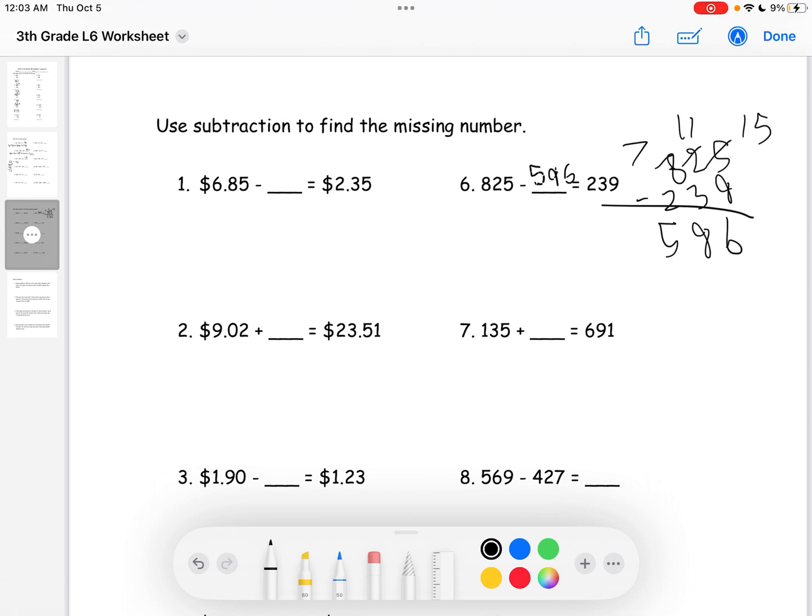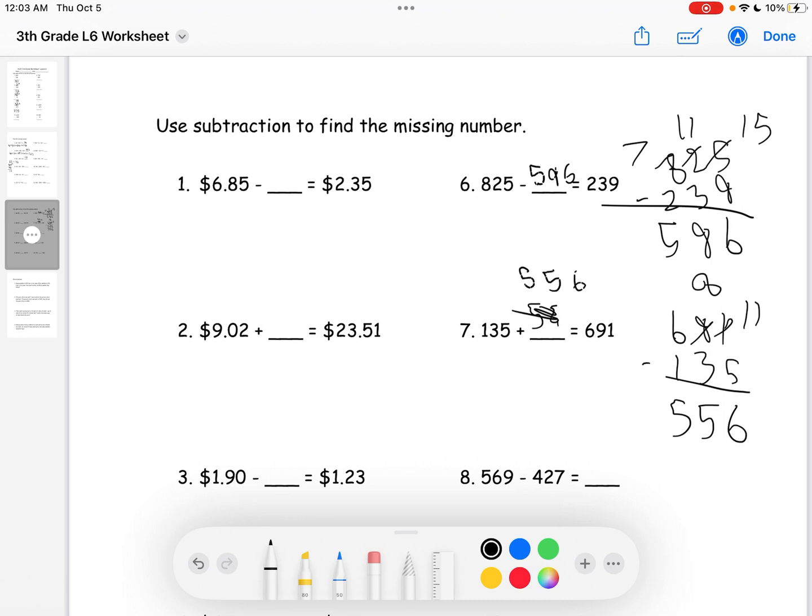We'll do number 7 here, so we have to do 691 minus 135. Change to an 8, this change to 11, 11 minus 5 is 6, 8 minus 3 is 5, 6 minus 1 is 5, so the answer to question 7 will be 556.